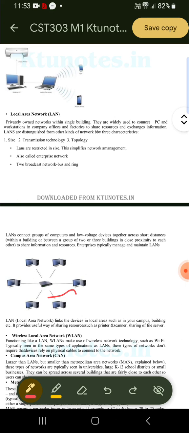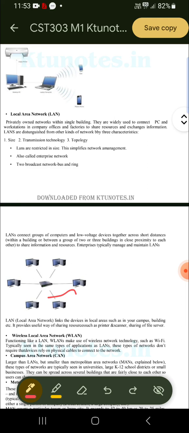What's LAN? LAN is nothing but a local area network, which is privately owned by a person or a company under a single building. They are used to connect the PCs and the workstations of the company, the offices, the factories and all. They are used to share resources and exchange information.